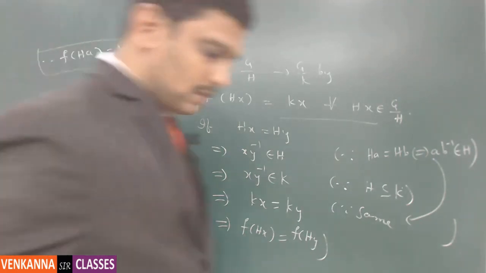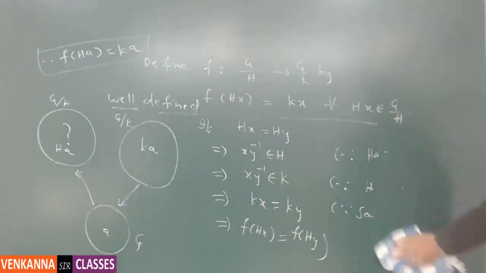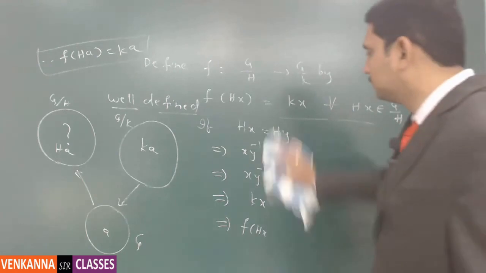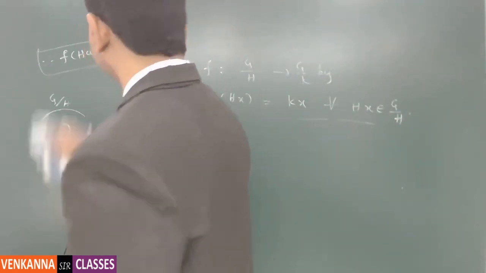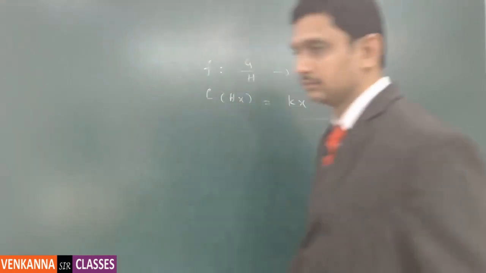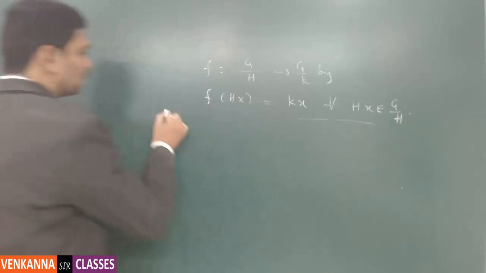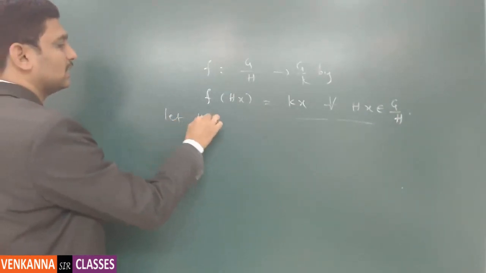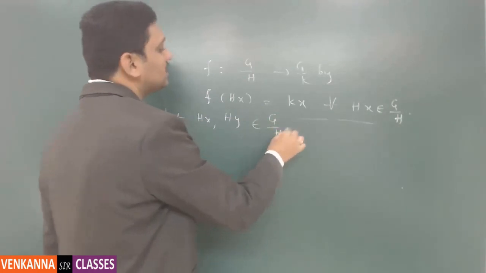So now I am going to prove that it is a homomorphism. You take two cosets Hx and Hy in G/H.